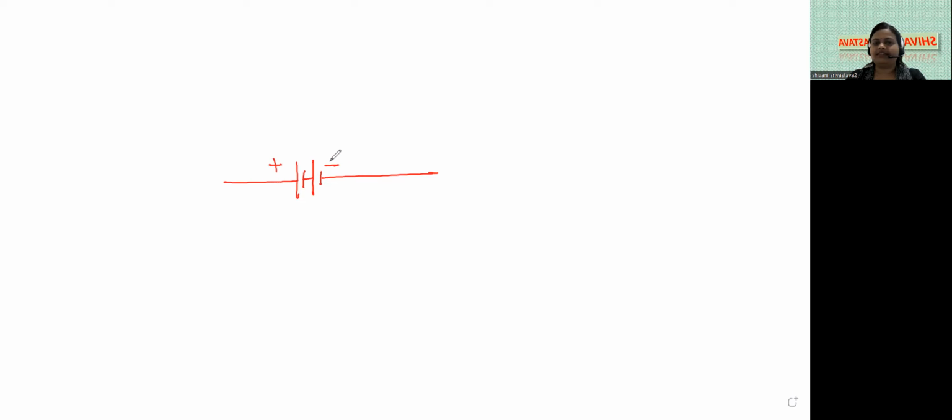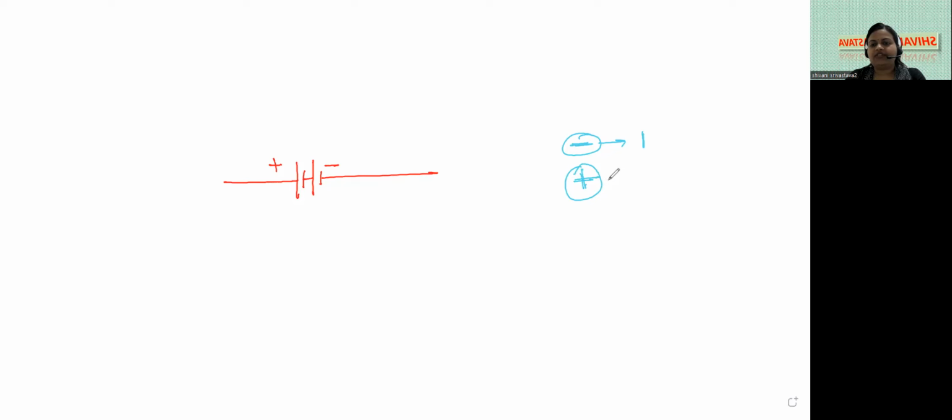See, this is a trick only. Just for fun, I'm telling it. Here, the negative terminal has a very small, single line. A single line means small. And the positive symbol has two lines in it, one vertical and one horizontal.